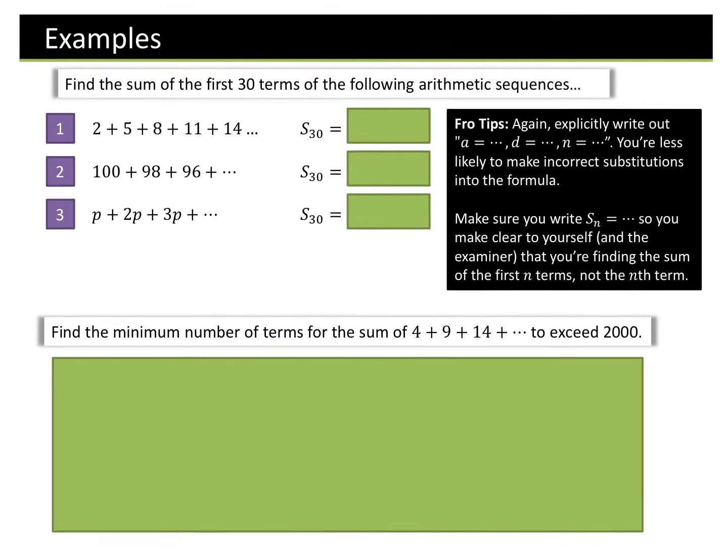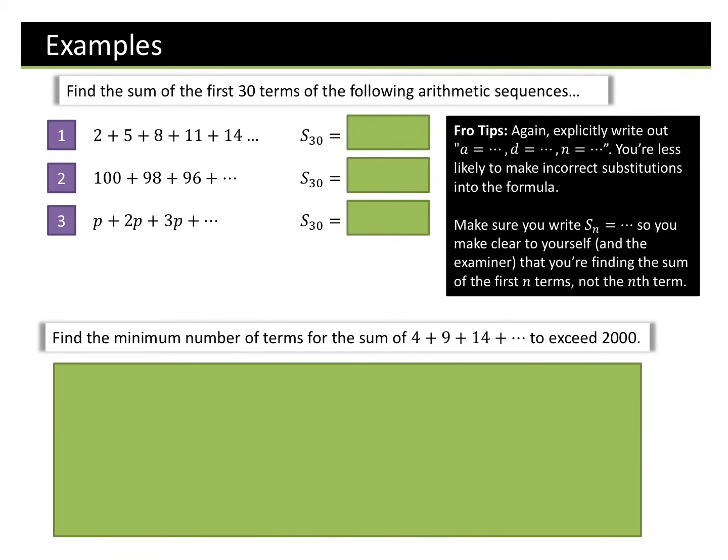Okay, so here are a few examples. Step 1, you always write your a, d and n. For question 1, 2, 5, 8, 11, 14. So for question 1, our a is our first term, which is 2. Our difference is 3, and our n, it wants the sum of the first 30 terms.